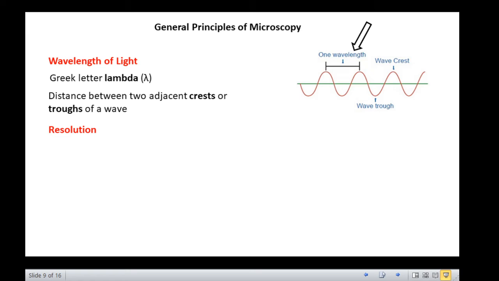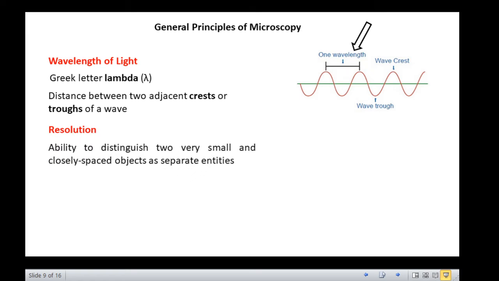Resolution is defined as the ability to distinguish two very small and closely spaced objects as separate entities. Resolution is best when the distance separating the two tiny objects is very small.